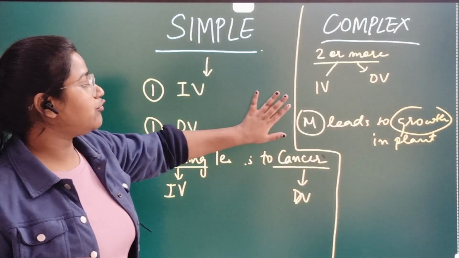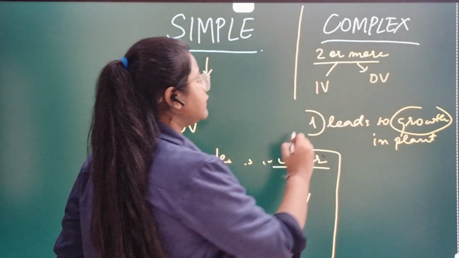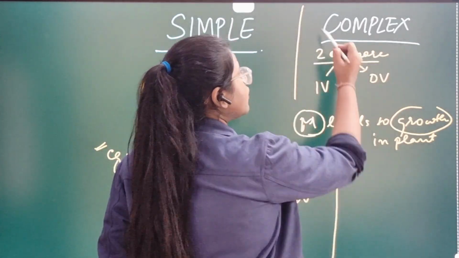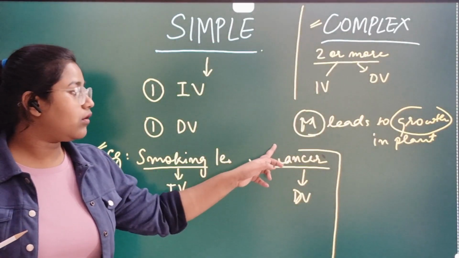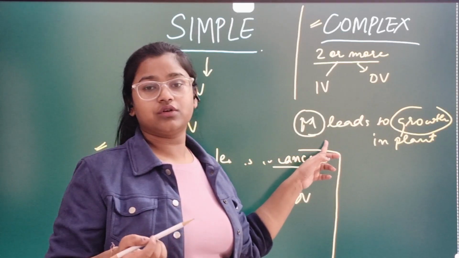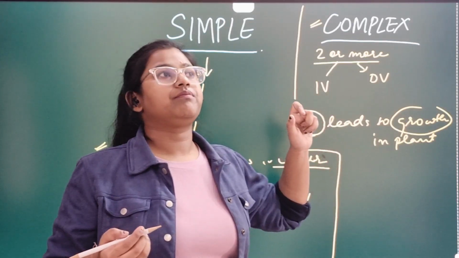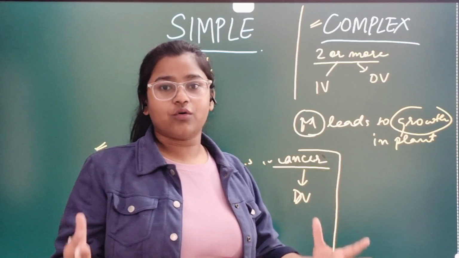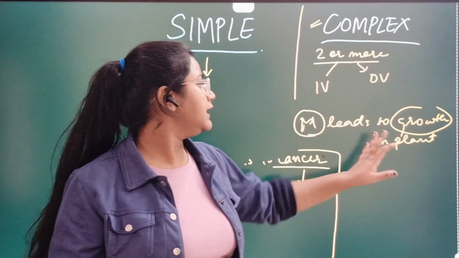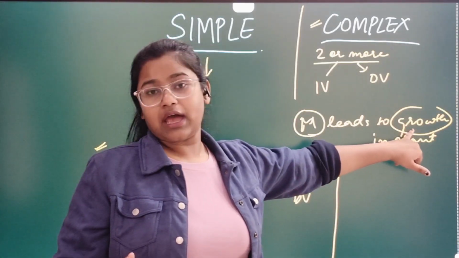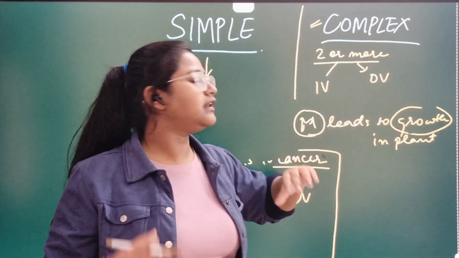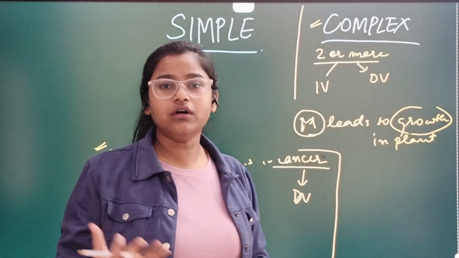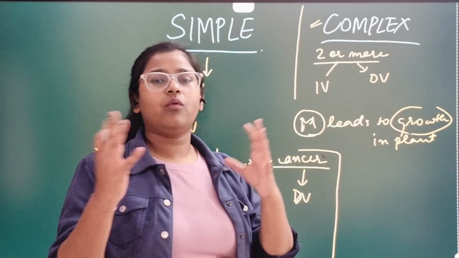But now if I have to make this a complex hypothesis, how will I write it? Manure, environmental conditions, the soil quality, the soil type lead to growth and increase in the quality of the fruits or the plant, whatever that is.